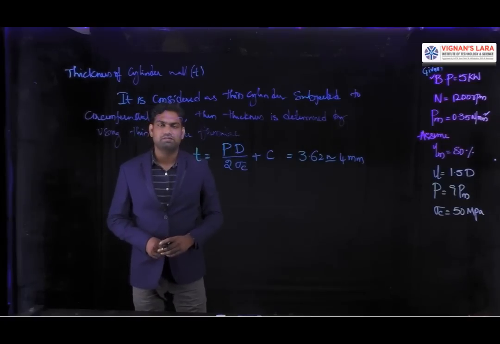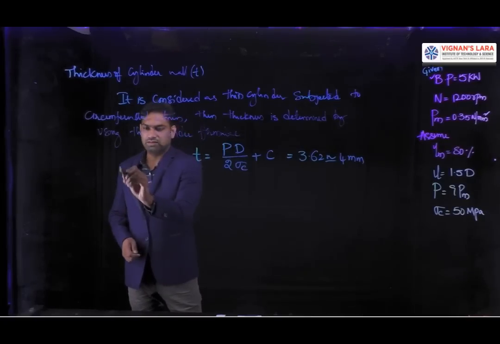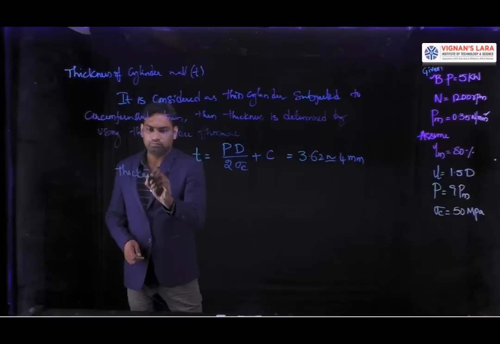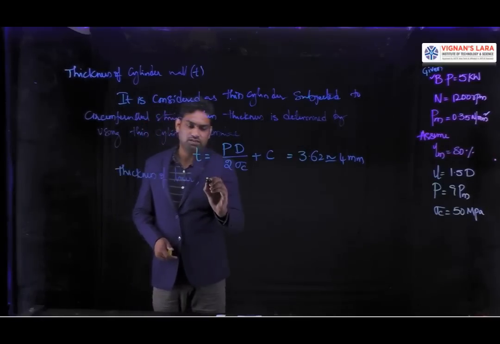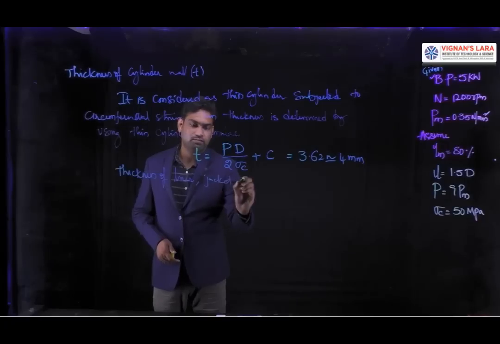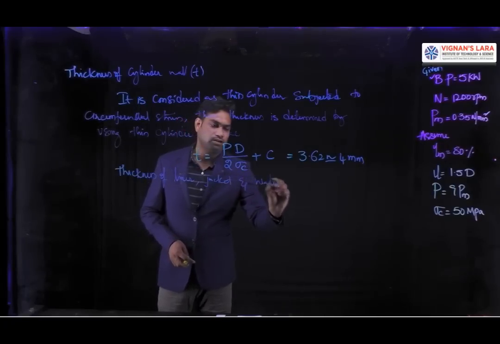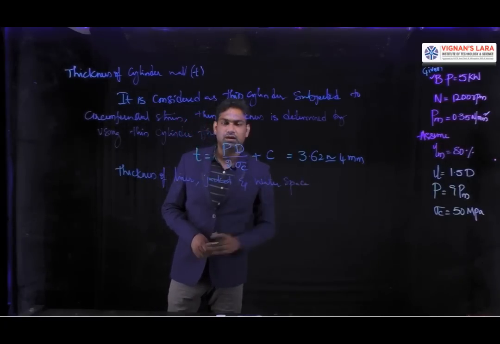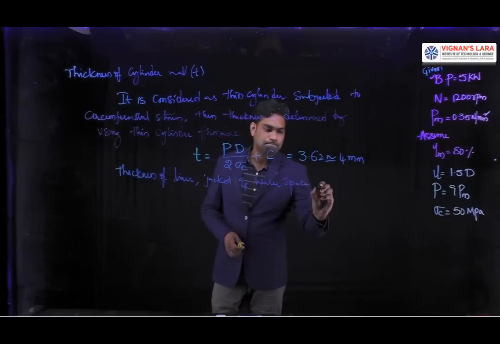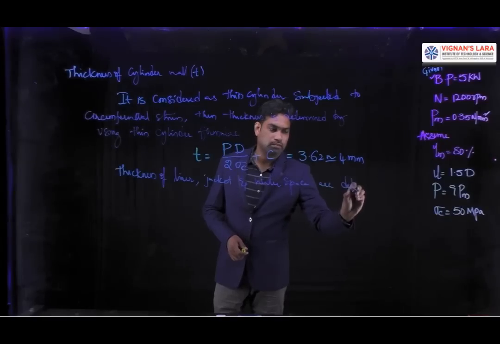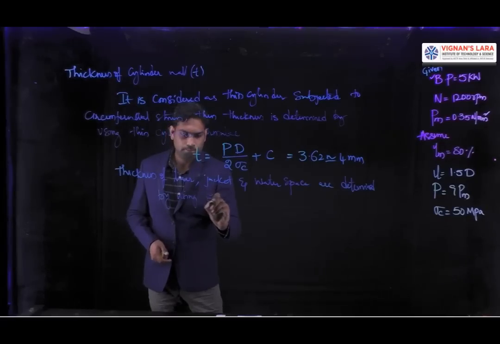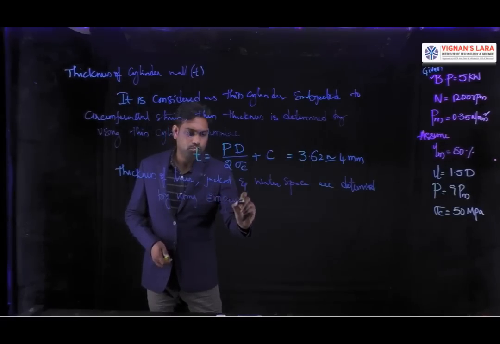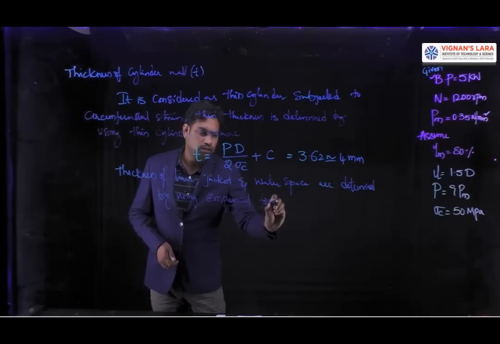Along with the thickness of cylinder wall, you also need to calculate the thickness of cylinder liner, as well as water jacket and water space. So all these thickness values can be determined or calculated by using empirical formulas.